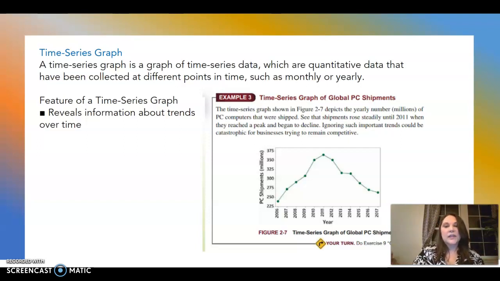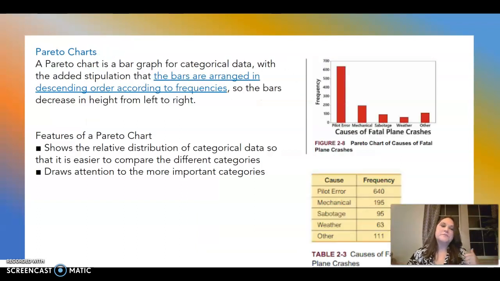Still, you are looking at a set of data that is quantitative, but you're seeing changes over time. The numbers and the horizontal axis are still numeric and quantitative, but you're specifically looking at changes over an interval of time.